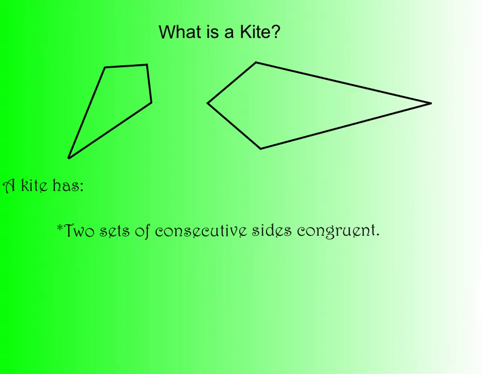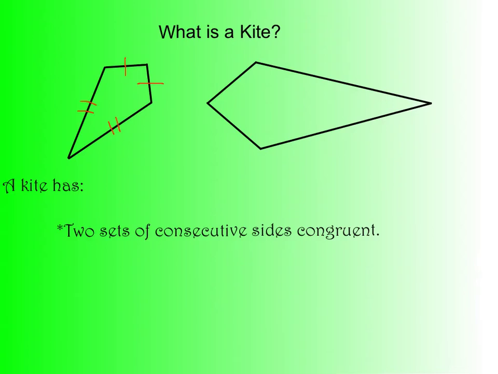So this next slide is asking us what a kite is. We've just gone through and done trapezoids, and now we're moving on to kites. So a kite is always going to have the specific property that the consecutive sides are congruent. So if I'm looking at this first example, these 2 sides are congruent. Also, these 2 sides are congruent.